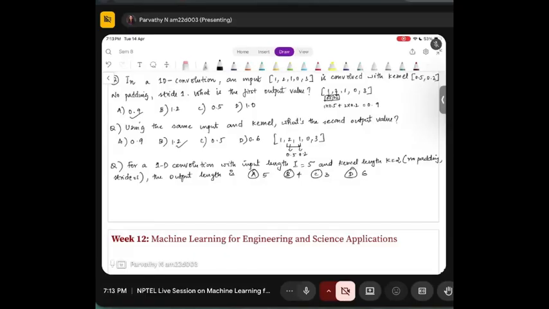No, I have mentioned here in the question that stride is 1. Normally it's not 1. You can specify whatever value. But here in the question I have mentioned that it is stride 1.